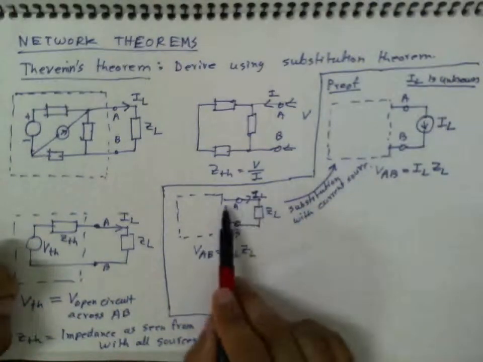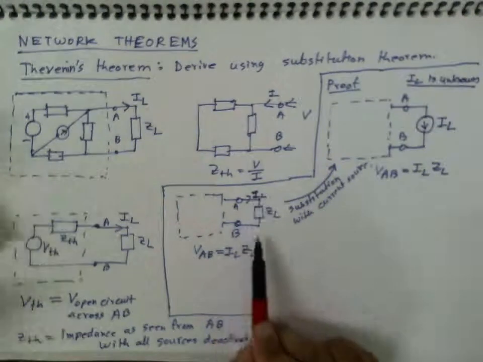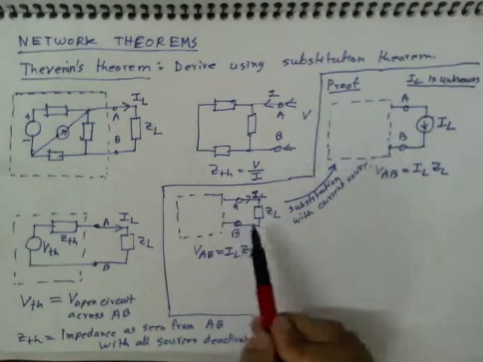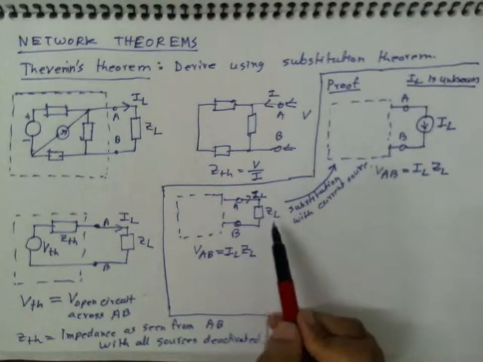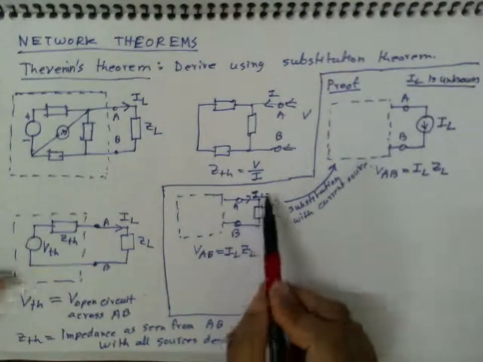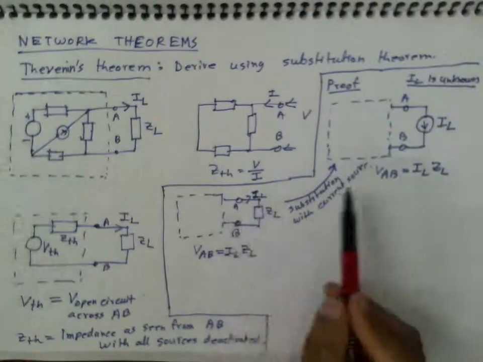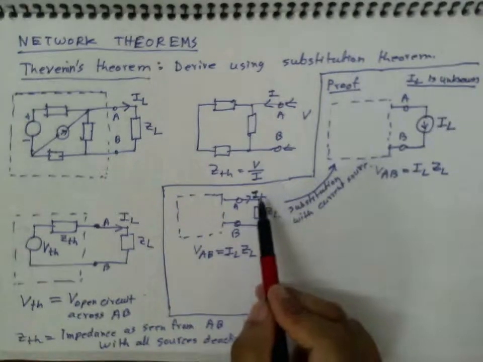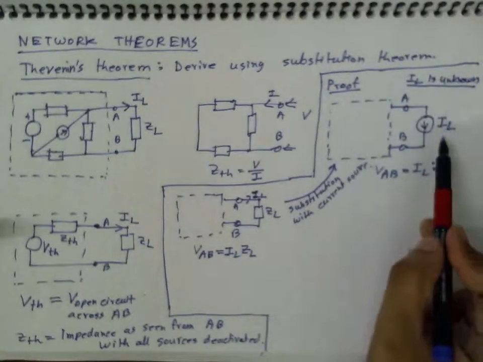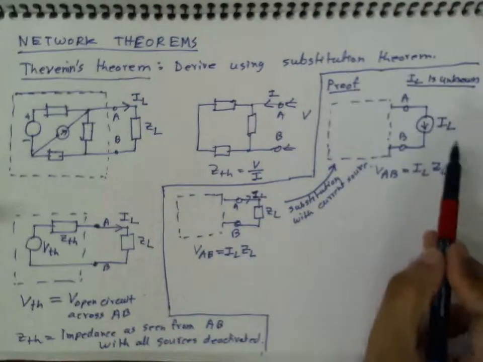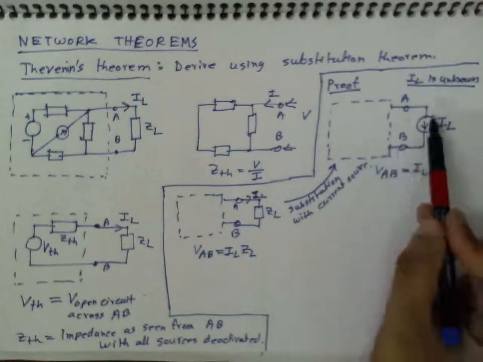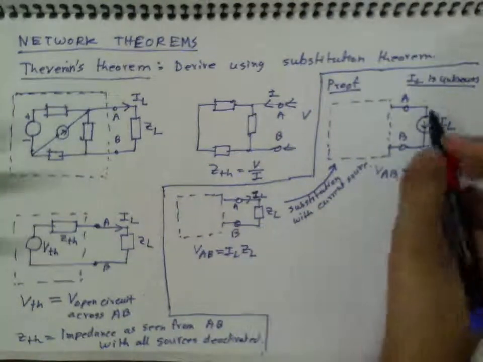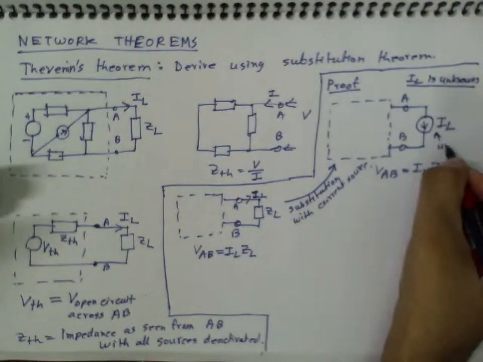If we know IL, we do not need to apply Thevenin's theorem anymore, because that's the goal, and we do not even have to prove Thevenin's theorem. That's true. But here we are replacing this impedance with a current which is equal to IL, but IL is unknown. Yes, once again, this is unknown.